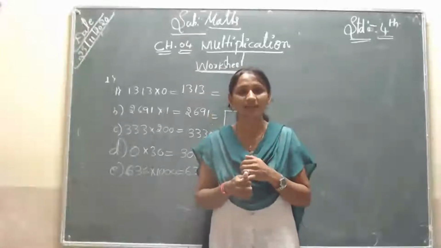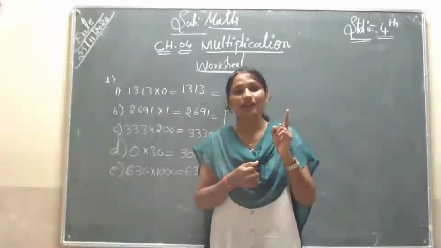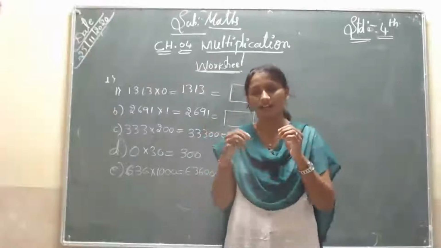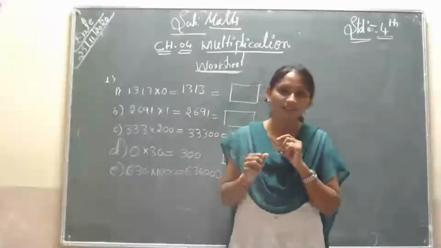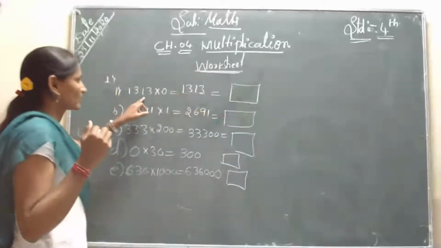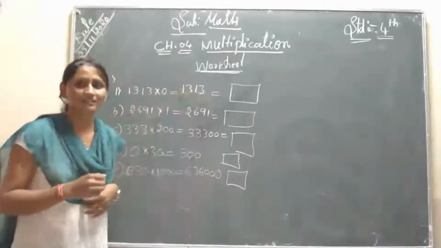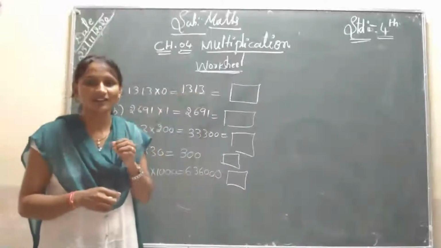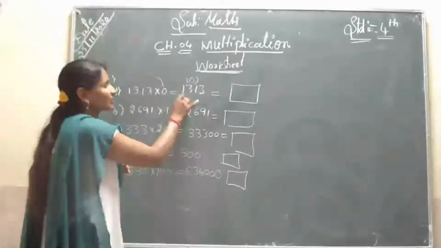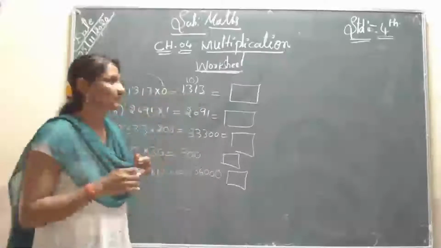For example, 1 into 0 is 0, and 1 crore into 0 is also 0, because any number multiplied by 0 gives the result 0. So for 1313 into 0, the given answer of 1313 is wrong. The correct result is 0, but the given answer is 1313.